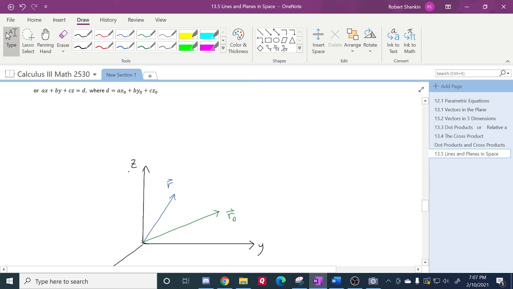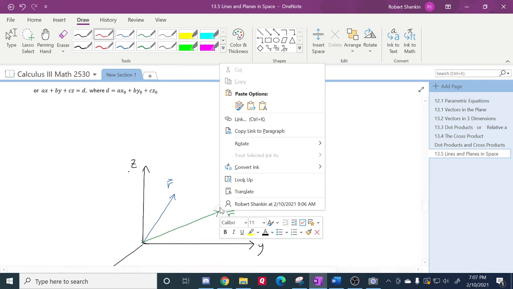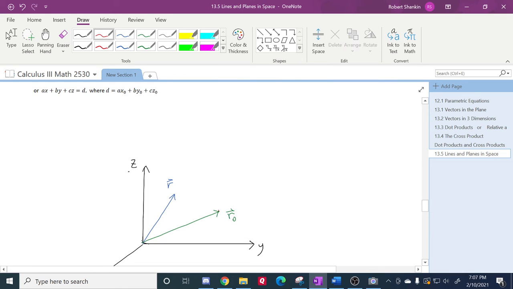what I'm going to say is, we have a point. From this point, suppose we have the vector n. Suppose n is like this, which has coordinates a, b, c.